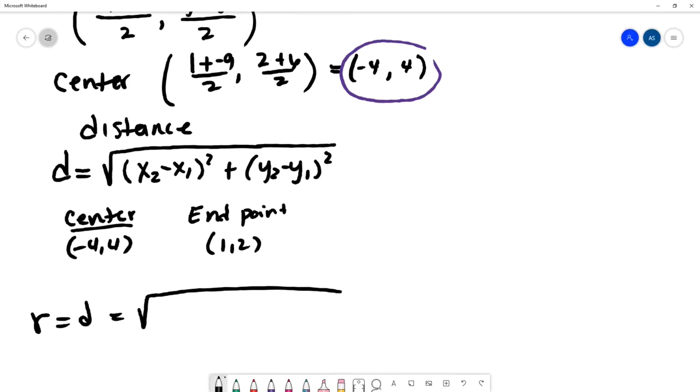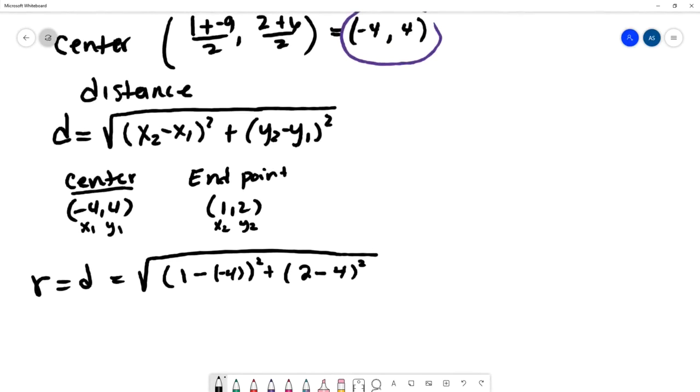Let's label these points as (x1, y1) and (x2, y2). So following the formula, x2 would be 1 minus x1, which is negative 4, squared, plus y2, 2 minus y1 squared.